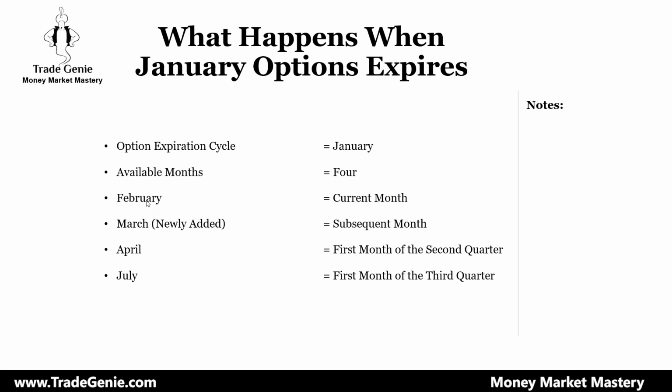February, which was the subsequent month, will become the current month, April and July will still be there from the previous cycle, and the month of March will be added to the option chain.